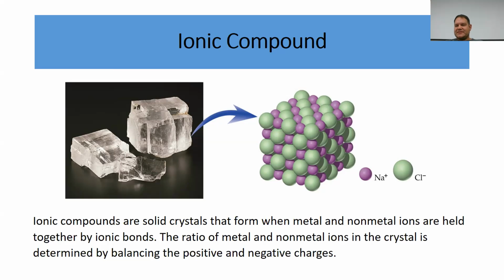So what's going to happen is those situations that we just looked at represent all of those ions that are positive and negatively charged are going to really come together as a large crystalline group. And they're going to start forming these large compounds known as ionic compounds. So what we can say is an ionic compound, by definition, are solid crystals for the most part. They're solid crystals that form when a metal and a non-metal ions are held together by ionic bonds, okay?